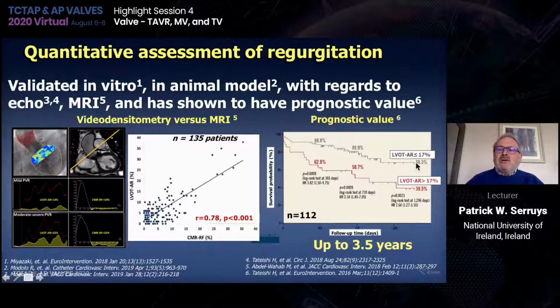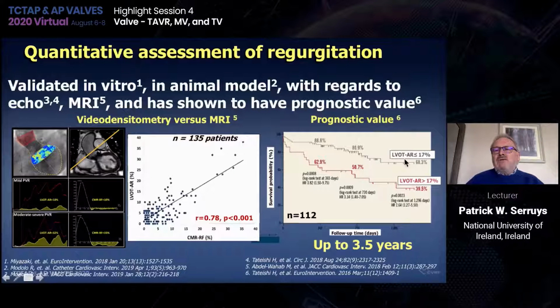What is important is this value of 17%. I don't have the time to show you, but basically, looking at the transthoracic and transesophageal echo, 17% was the best cutoff criterion to diagnose a moderate to severe regurgitation on echo. So that number came back repeatedly as the difference between mild and moderate or severe on echo.